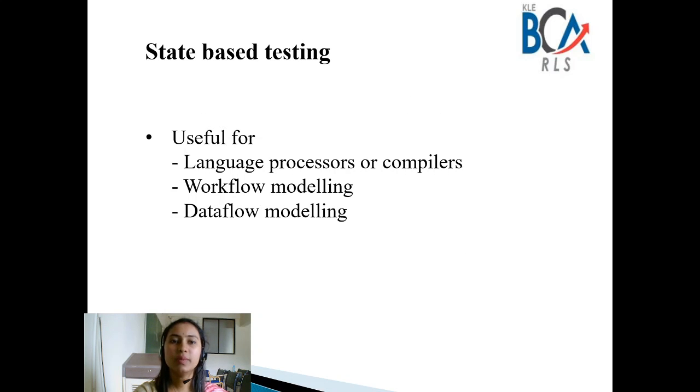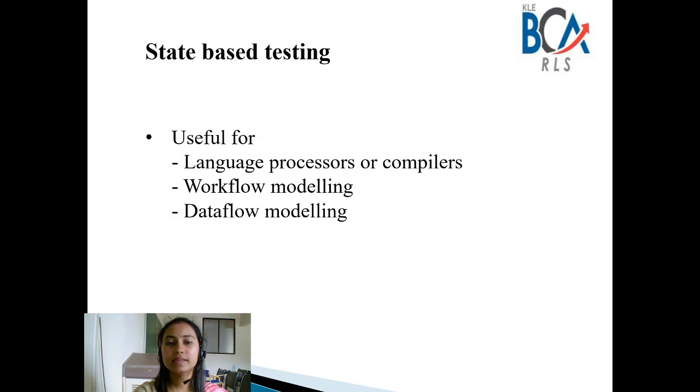Next one is state based testing. It is defined as the software testing technique in which the changes in the input condition cause the state change in the application which is under test. It is also a black box testing technique in which the tester analyzes the behavior of the application under test for different input conditions in a sequence.